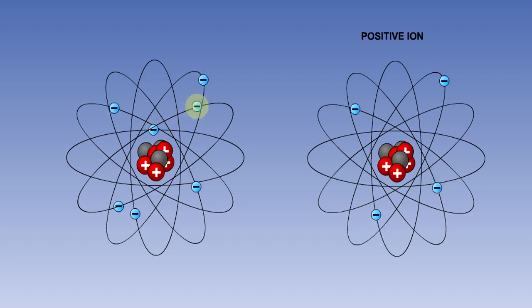An atom that has lost an electron becomes positively charged and is called a positive ion, while an atom that has gained an electron becomes negatively charged and is called a negative ion.